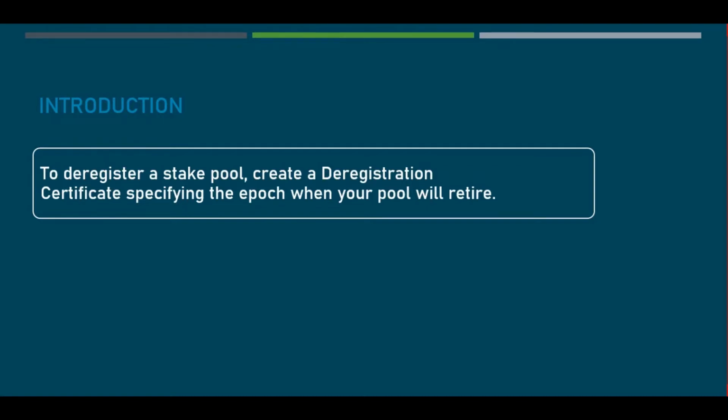So basically, we are going to create a transaction, attach a deregistration certificate, and submit it to the blockchain. And we also need to specify the epoch number that you want your pool to retire.